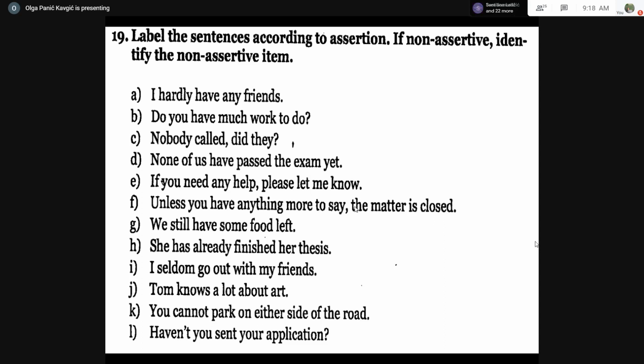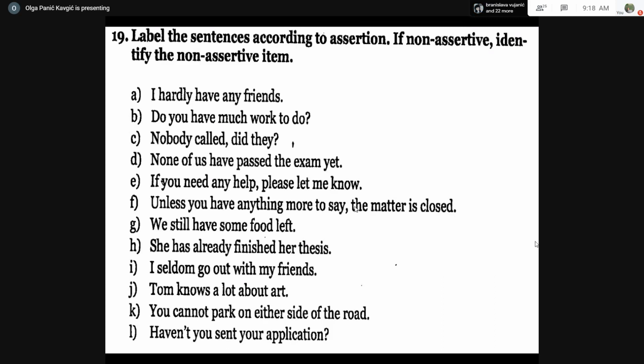But what is actually unless? How would you define unless? What would you replace it by? In other words, paraphrase this sentence, unless you have anything more to say. If you don't use unless, then you would use what? Try with if. If you don't have anything more to say.